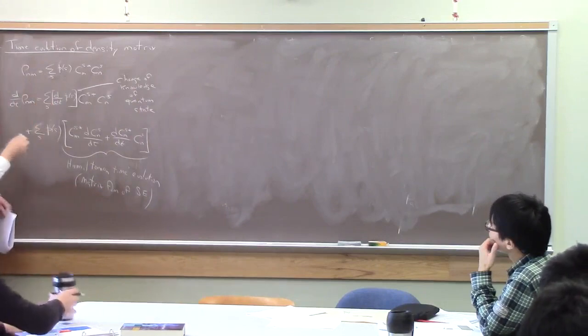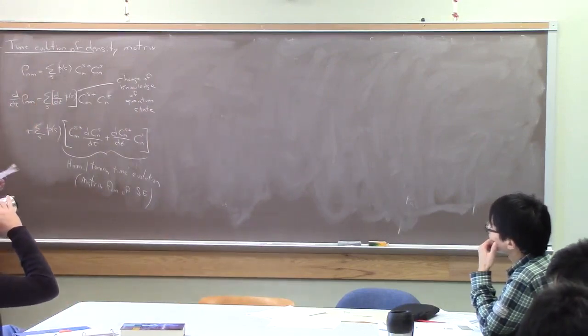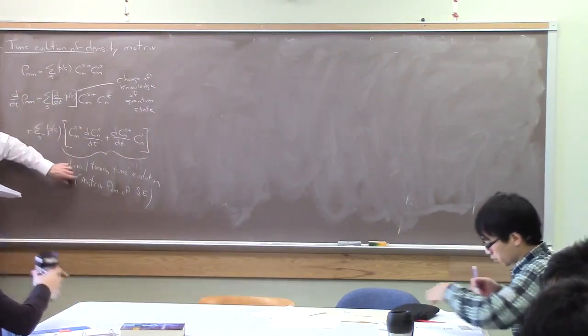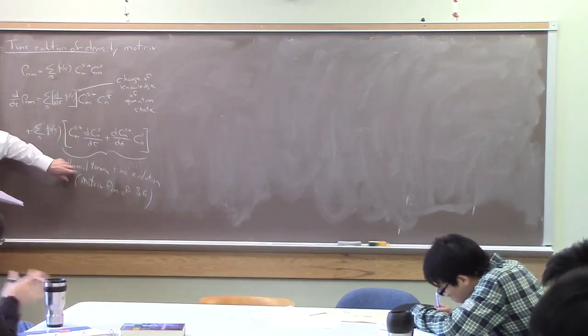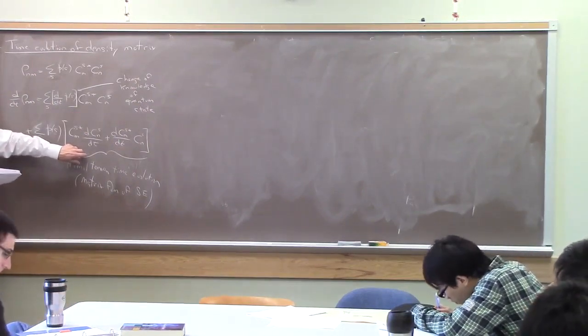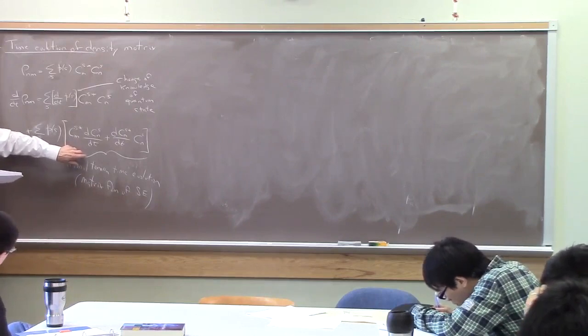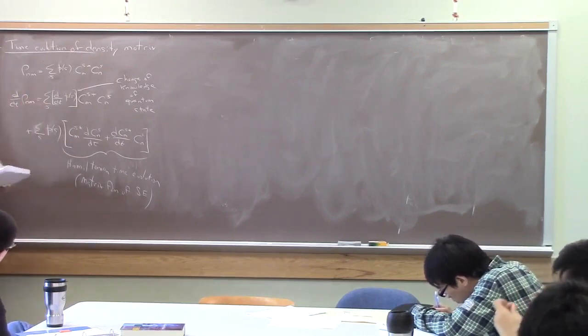So these two contributions have a very different origin, and we will deal with them one at a time. And let's first deal with the Hamiltonian part, because that's the part we understand better.